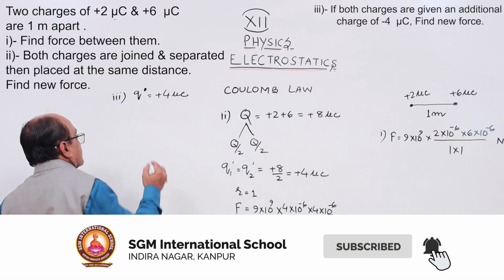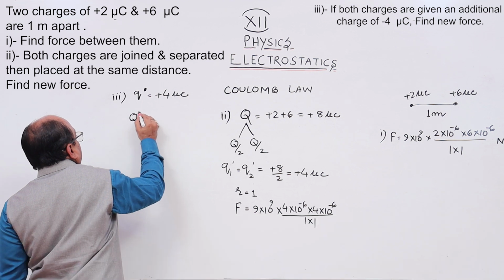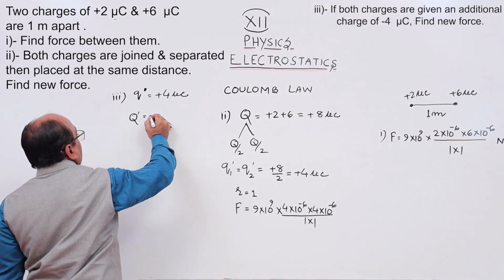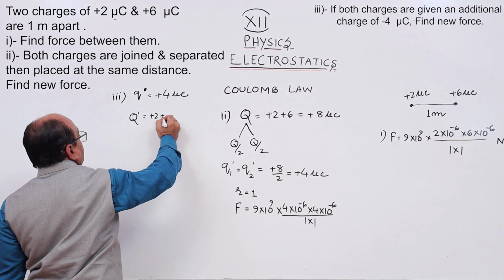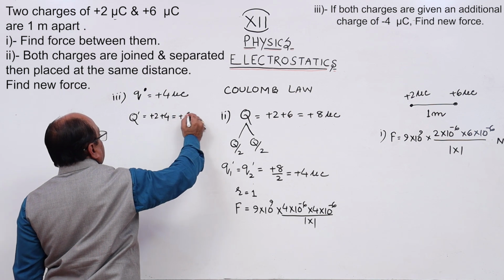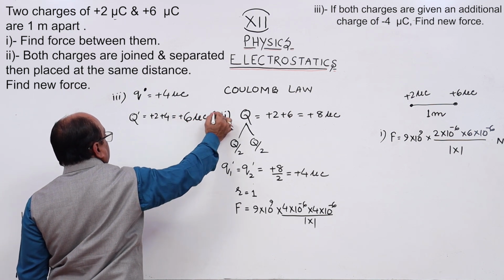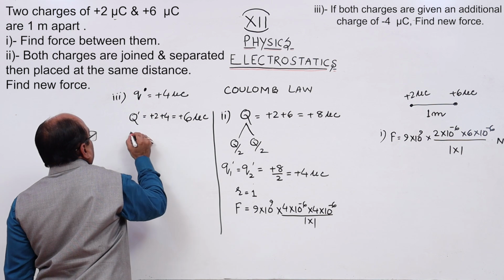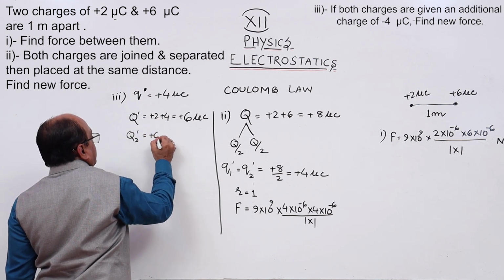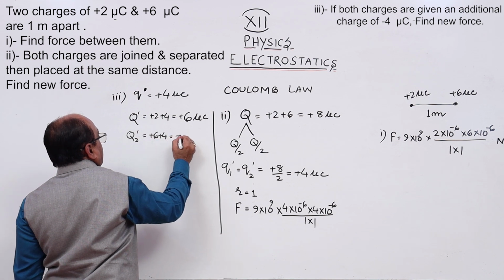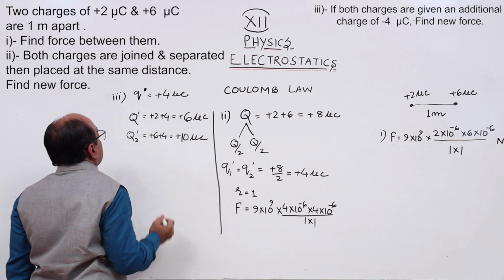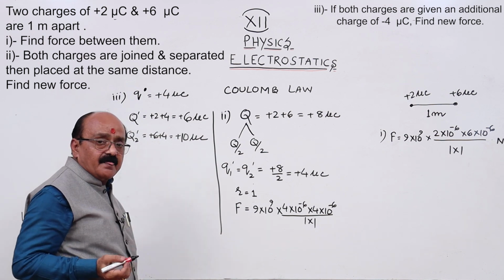Now, our charges will be changed. We can write Q1 dash is equal to plus 2 plus 4 by supplying charge. The new charge is 6 microcoulomb. Q2 dash plus 6 plus 4, that is plus 10 microcoulomb, and the distance is same.